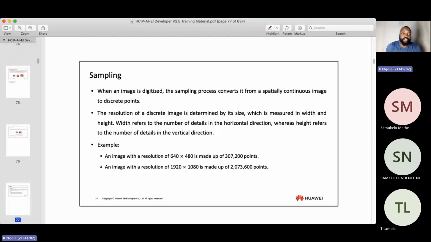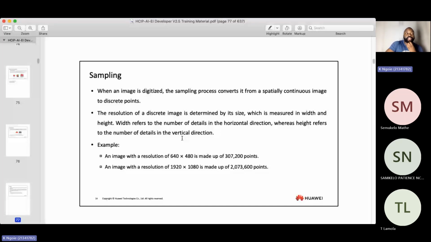You take a picture with an iPhone 16, and then you take a picture with an iPhone 6, of the same thing, and you can see there is a low resolution and a high resolution. That is the process of sampling, how the phone is understanding these images.